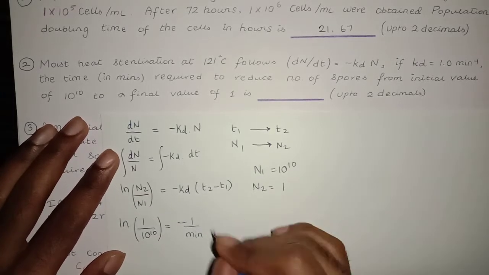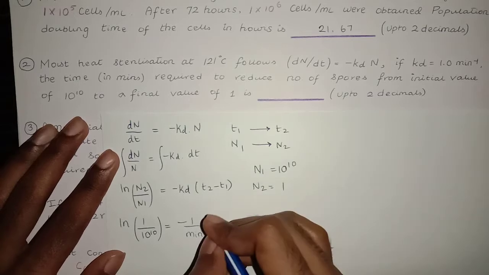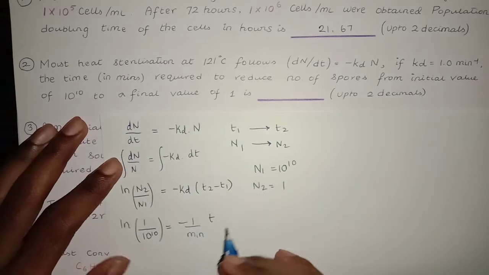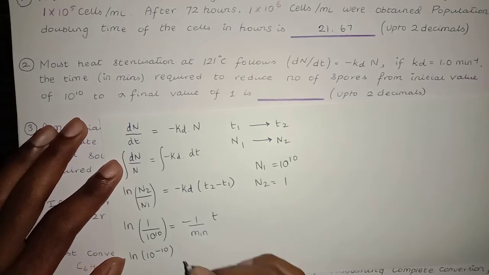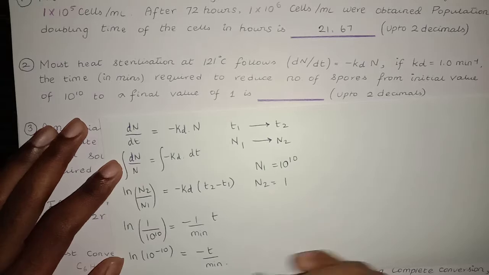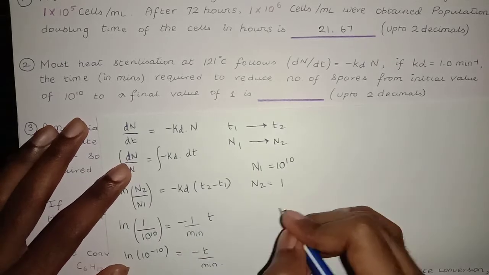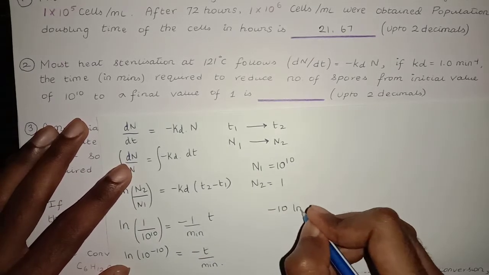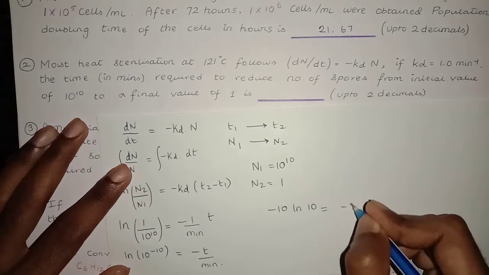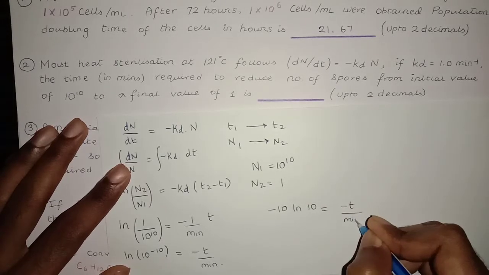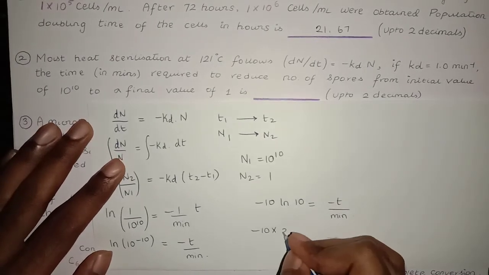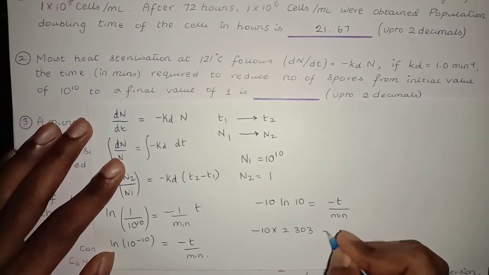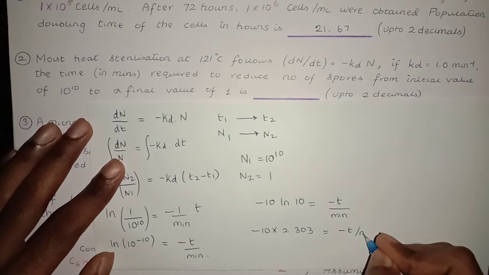We assume a base time, that is 0 minutes. Therefore ln 10^-10 is equal to minus t by minute. Which is nothing but minus 10 ln 10 equal to minus t over minute. Minus 10 times ln 10, which is 2.303, is equal to minus t over minute.